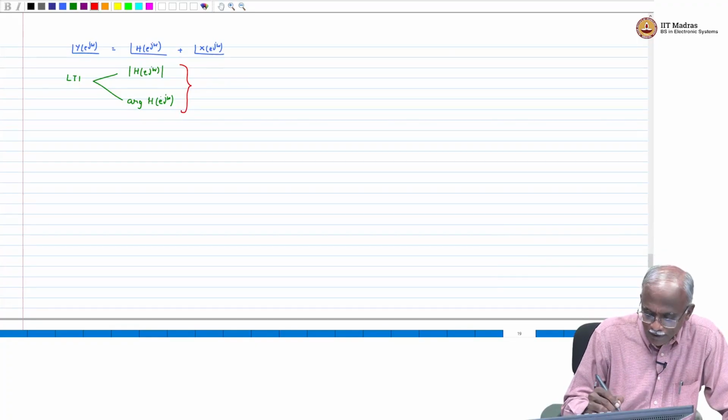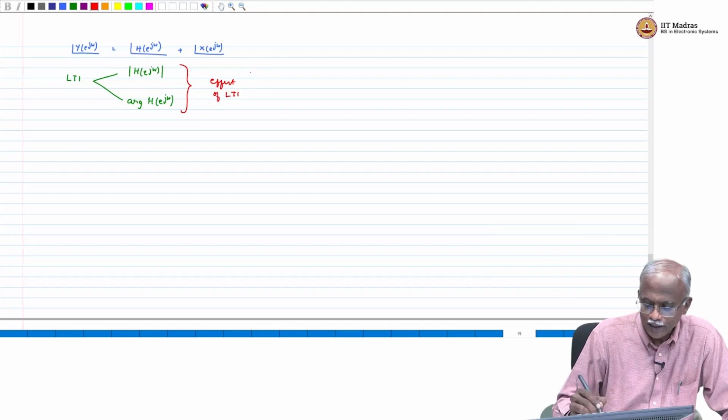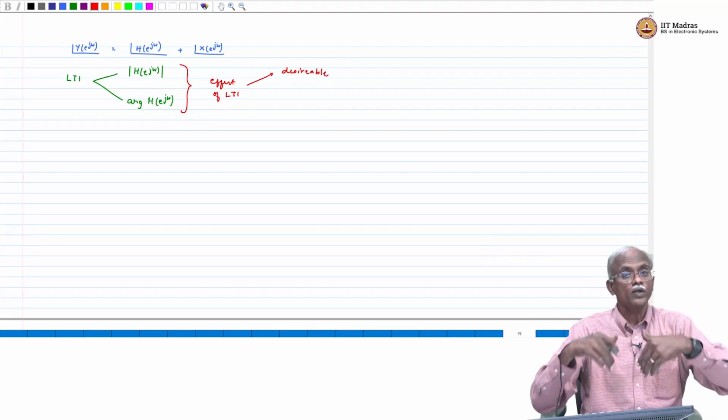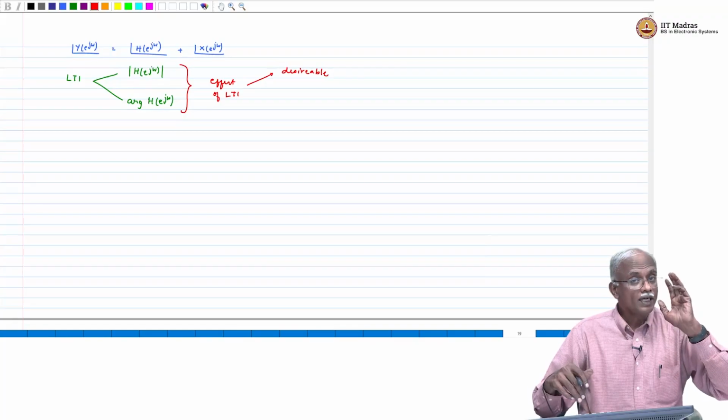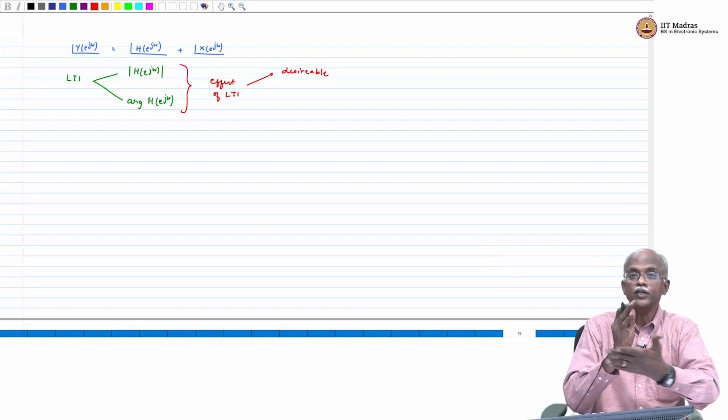So, the effect of the LTI system is characterized by magnitude and phase, and this effect may be desirable. In one case, let us say that you wanted to remove the DC offset, so you pass it through a notch filter. But maybe there is another scenario where you don't want to remove the DC offset, but the notch filter is there in your signal path.